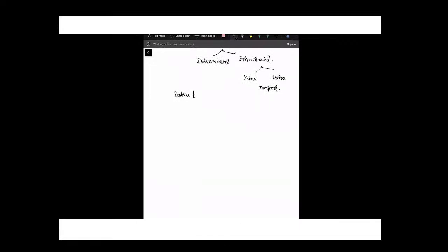Intratemporal, first is going to be ossicular chain erosion, leading to conductive hearing loss.